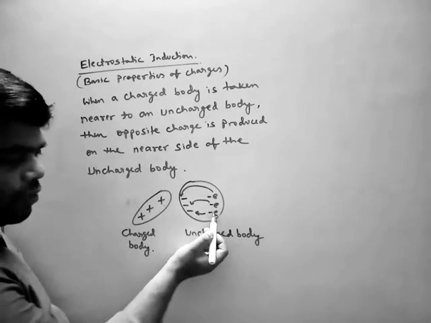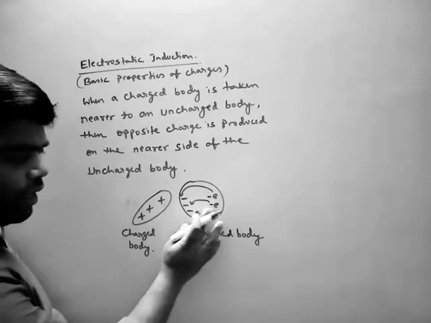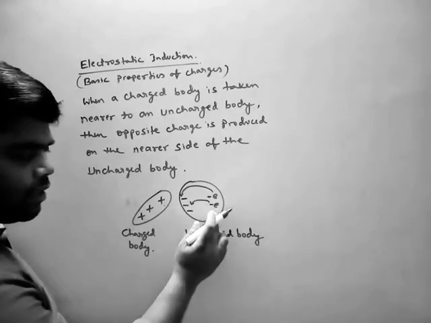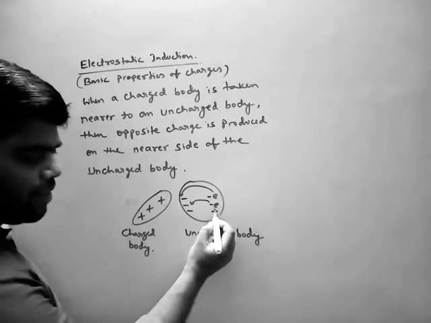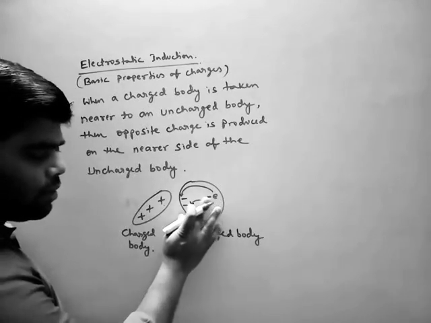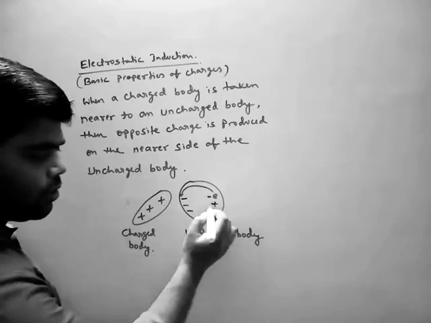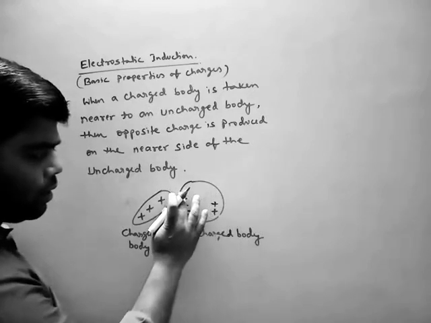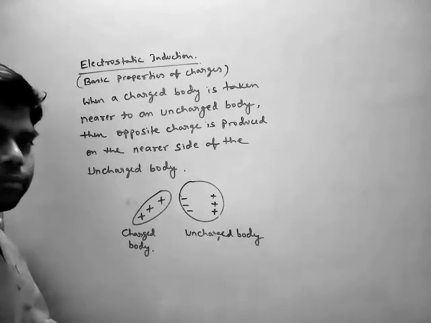When the electrons moved, definitely there is a scarcity, so here it becomes plus. Again this is also plus, and there is also one more plus.